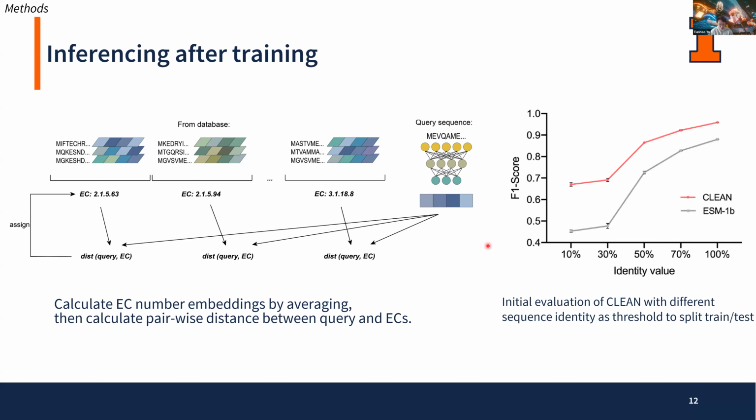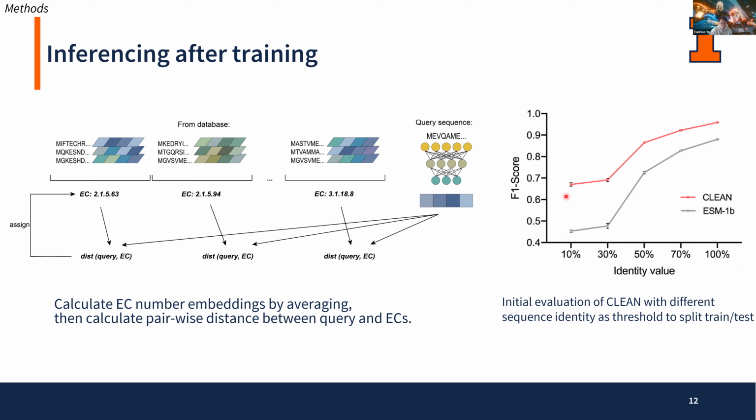As a sanity check, after we train and evaluate our model, we perform an initial evaluation on a random split based on sequence identity with different thresholds. Essentially, 10% identity means that the training and testing data were clustered using a 10% sequence identity threshold, and 100% is just the untreated, full UniProt database.